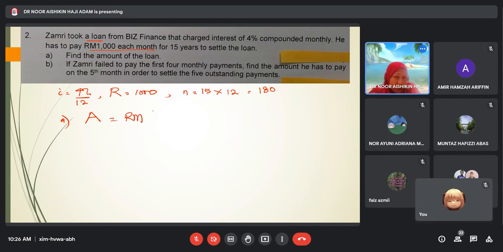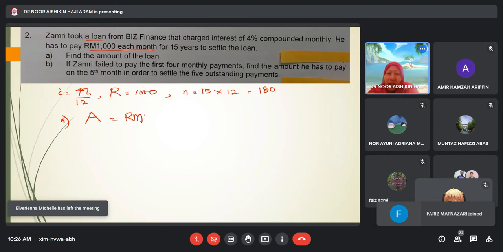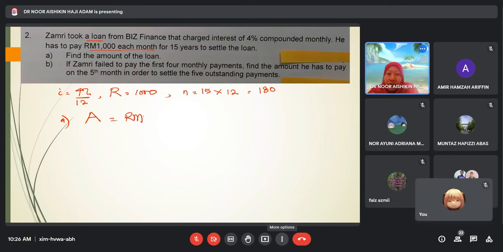Rizwan? A? What is A? Rizwan? Tak datang juga. Faris Irfan? Pun tak ada. Oi, kenapa tak ada ni?